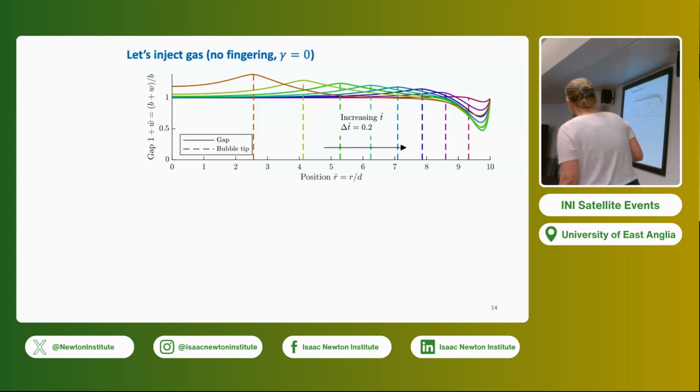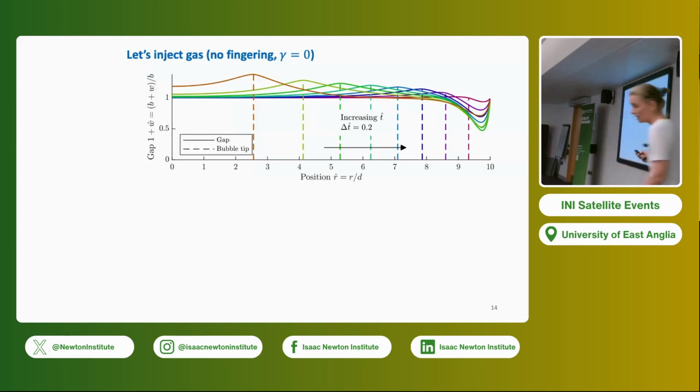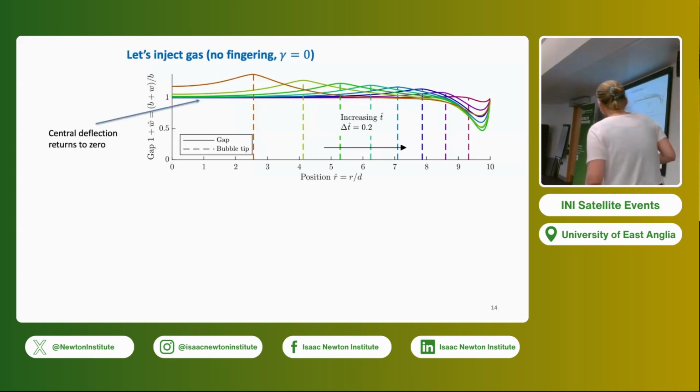Behind it, however, we have approximately constant deformation, at least in our direction, and that's because we have spatially constant pressure. It's just a constant pressure inside the bubble that we're imposing. Another observation is that over time, that deformation relaxes. If we look here versus there, central deflection returns to 0, because we need less pressure difference to drive the same flux through the system.